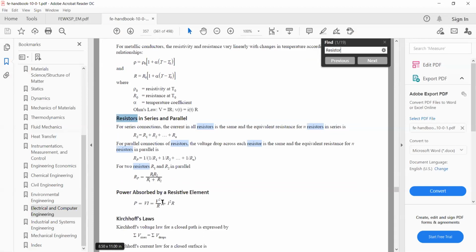P equals VI, V squared over R, or I squared R. So let's write V squared over R and I squared R. Power is equal to V squared over R, so also equals I squared R.